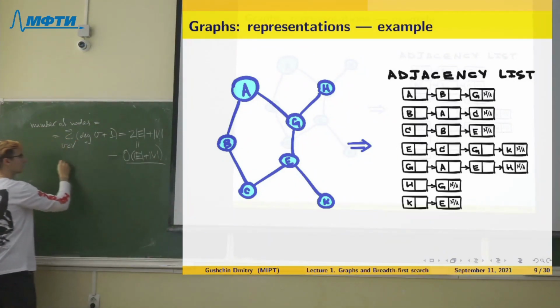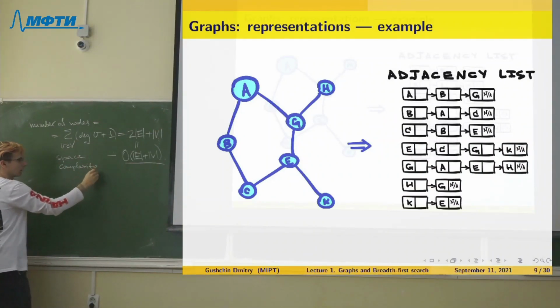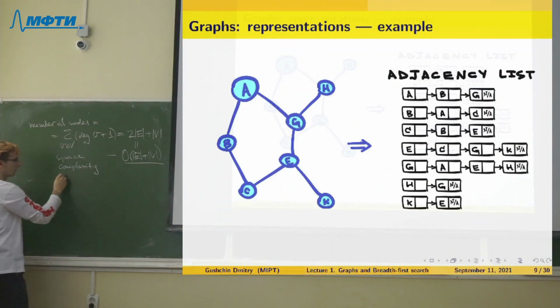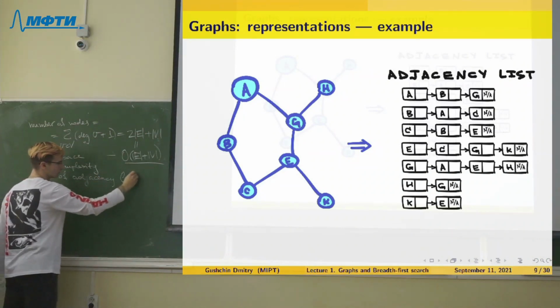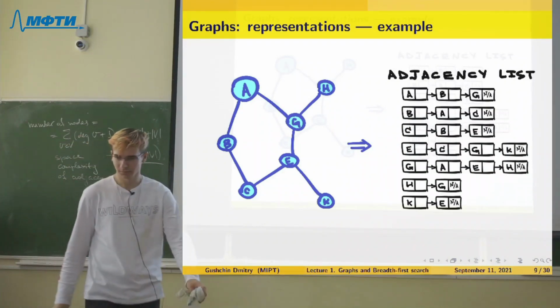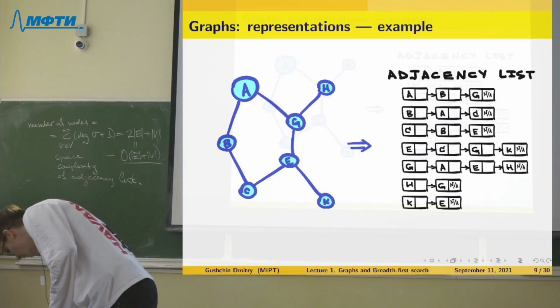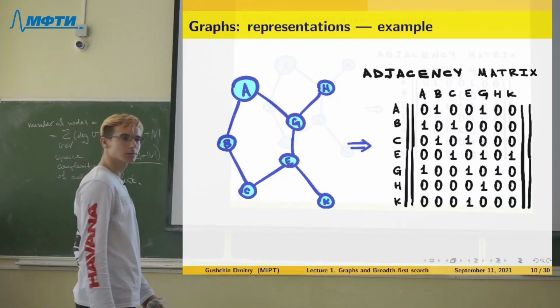That is the space complexity of the adjacency list. And what is the space complexity of the adjacency matrix?